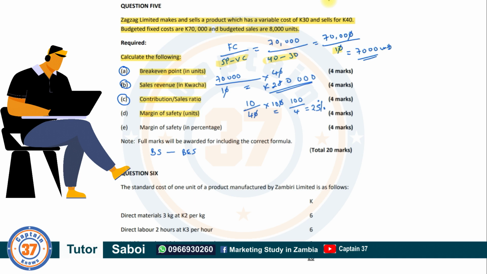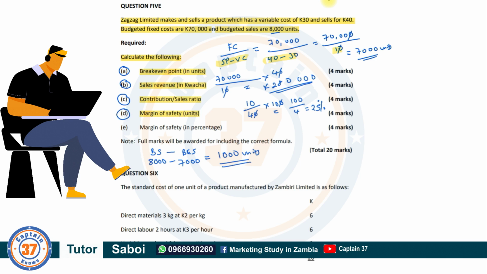The budgeted sales we are given is 8,000. Subtract the break-even sales, which is what we calculated in A, 7,000. So the margin of safety is 1,000 units. And this is the answer to D.